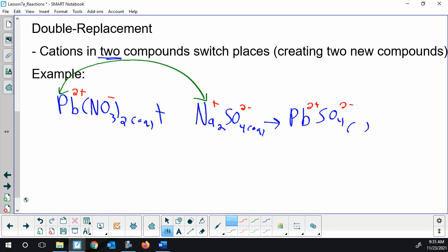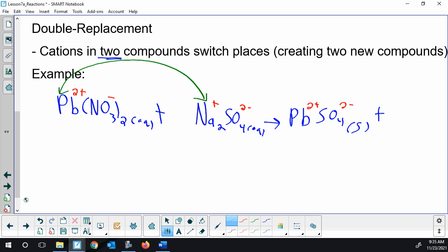So sulfate with lead 2 plus is a solid when you go across that column. So I'm going to put an S in. That's our first of our 2 replacements.